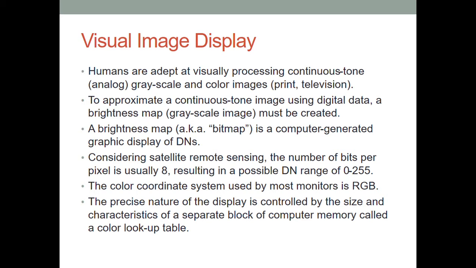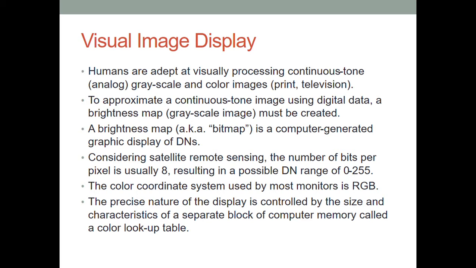To approximate a continuous tone image using digital data, the computer cannot easily record just like a human being records. It must be in digital value, it must be a 1 or 0 value.